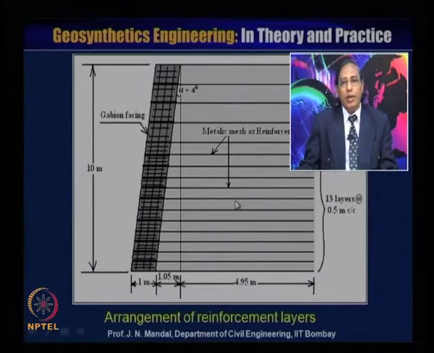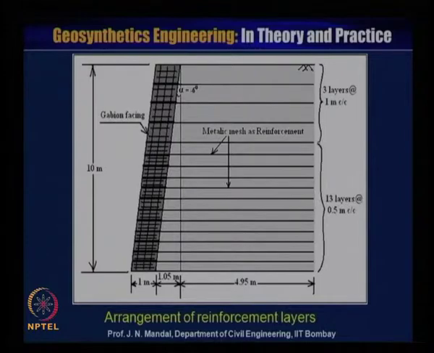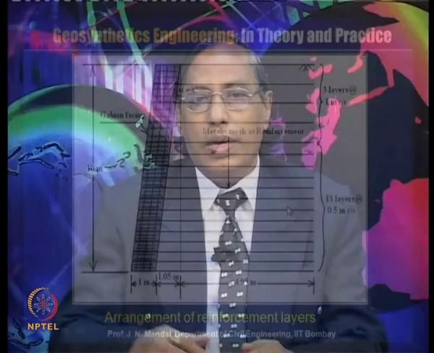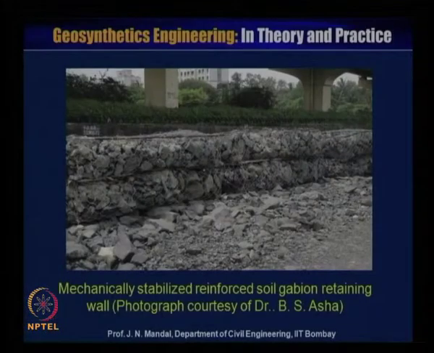So like this you can also design the gabion wall. This kind of structure has also been implemented in India. So this is one mechanically stabilized reinforced soil, this gabion retaining wall. This is courtesy of Dr. Asha.